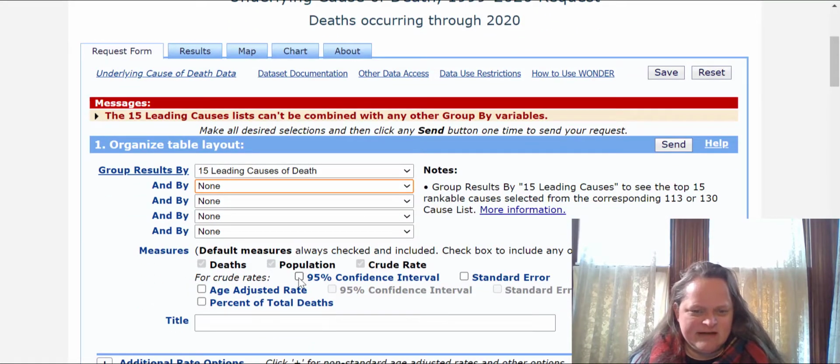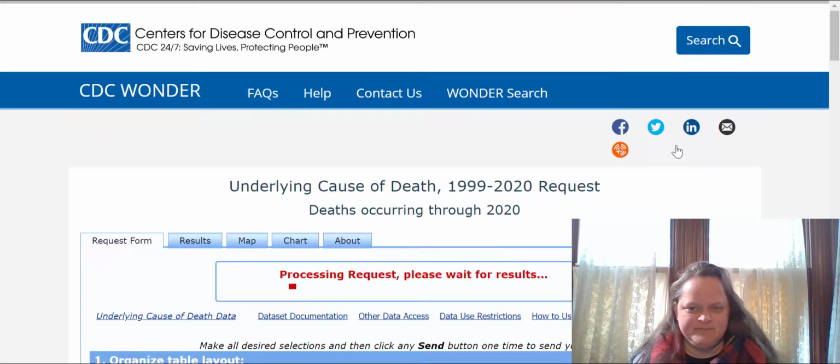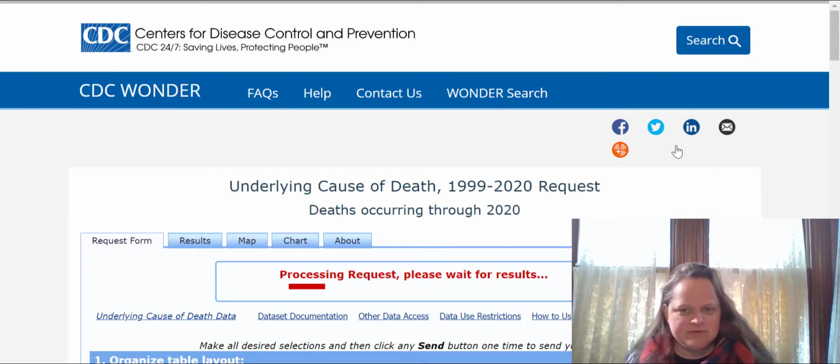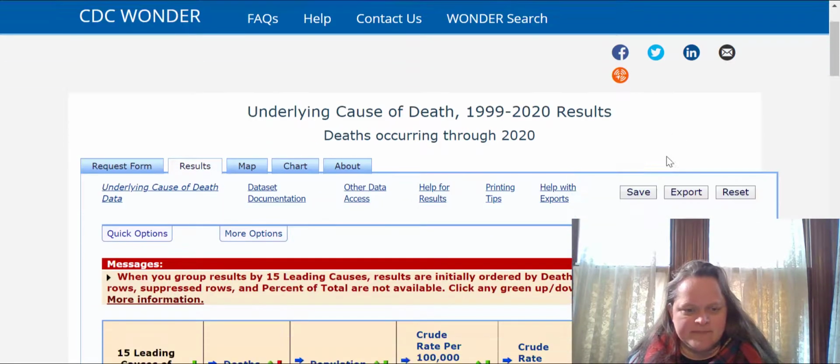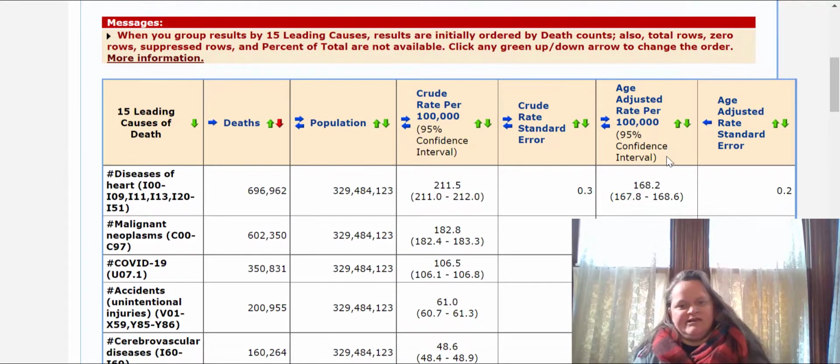I'm going to see if it's going to let me do any of these other items. I don't know if it lets me do that, so let me try that. For 2020. Okay, so it is giving me the rates.